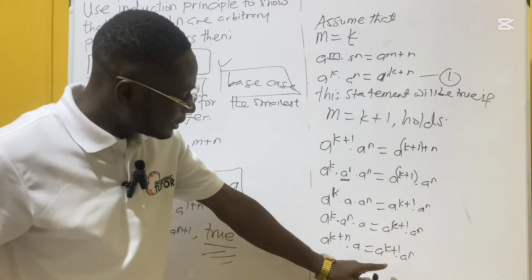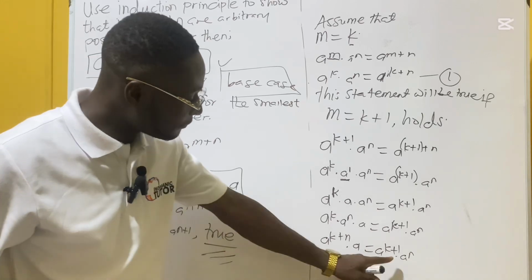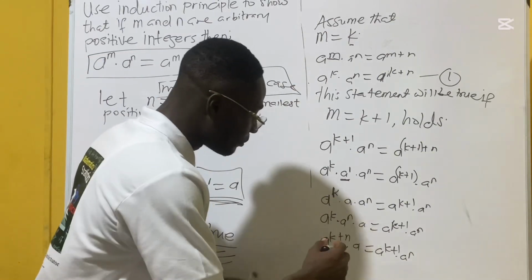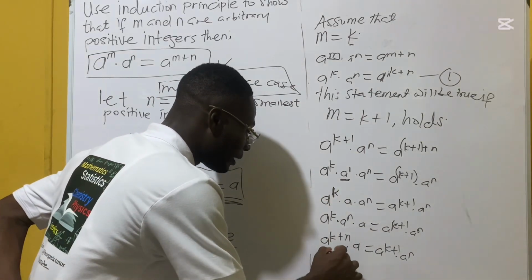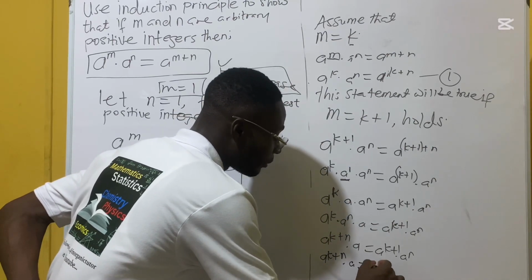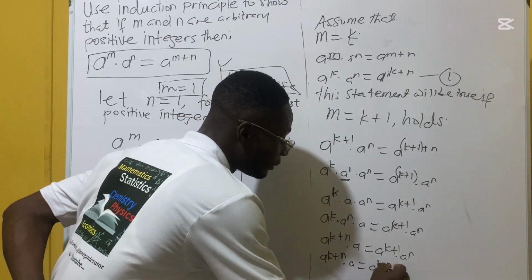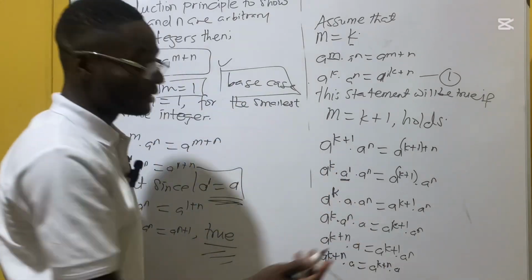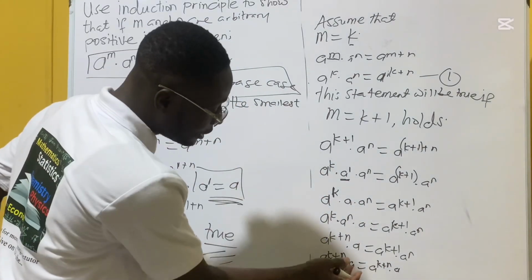So we can see clearly that this information, a^(k+n) times a, is equal to a^(k+n) times a^1, that is a.